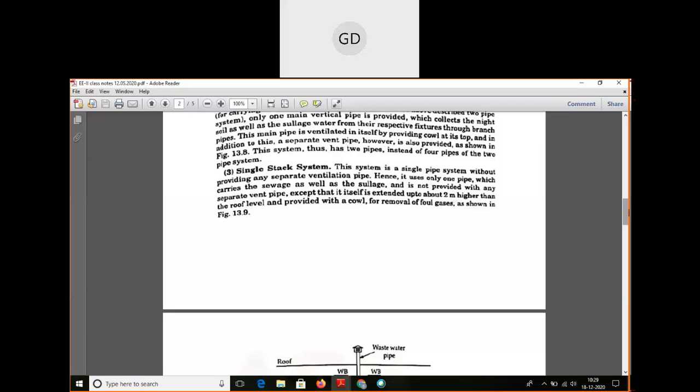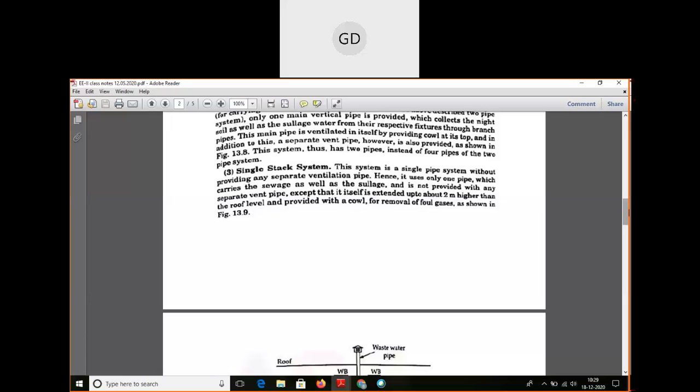Here it is said that only one pipe will be there that will carry your sewage as well as your sullage, and that pipe itself is extended up to 2 meters higher than where the roof level is. From there it is extended up to 2 meters, and then it is provided with a cowl, and that is used for removing the foul gases.